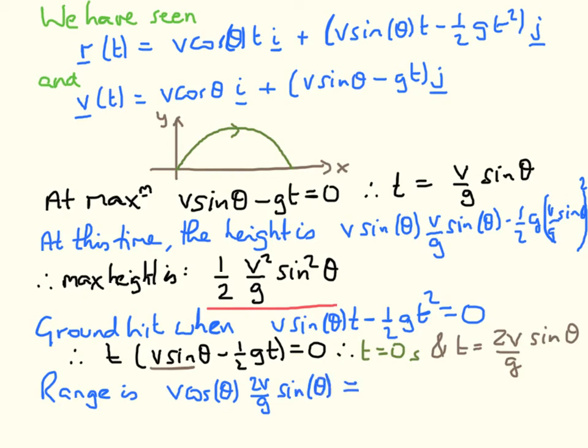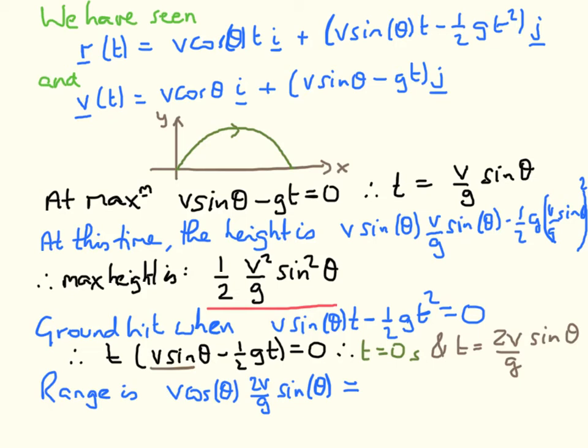So this we can now tidy up, and so we have v times v is v squared over g, just like here, and then we have 2 cos theta sine theta, and I can write that using a double angle formula as the sine of 2 theta.